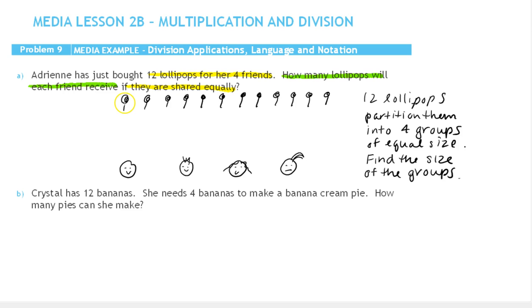Okay, so we can think of them as dealing them out like a deck of cards. So here's what I'm going to do. I'm going to use a different color to give everybody a lollipop. So now everyone has 1 lollipop. Now we're going to keep giving out the lollipops until we are completely out of lollipops.